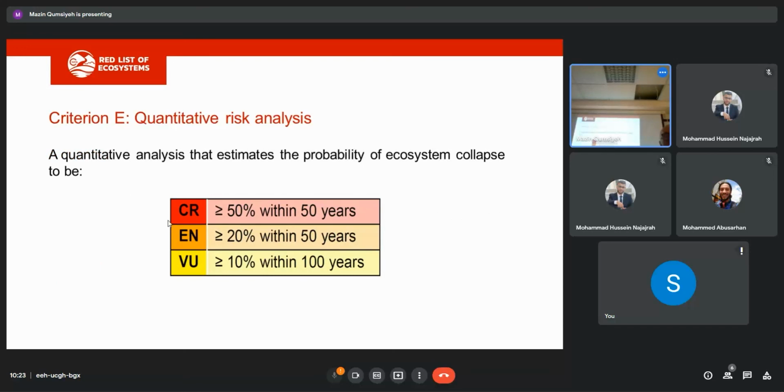There are tutorials to make this quantitative analysis, and if you apply them, you can have a result between critically endangered and vulnerable.